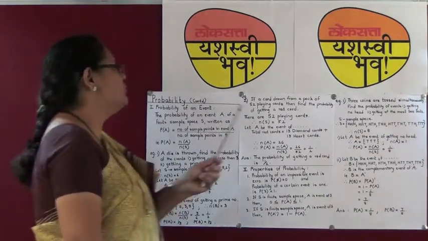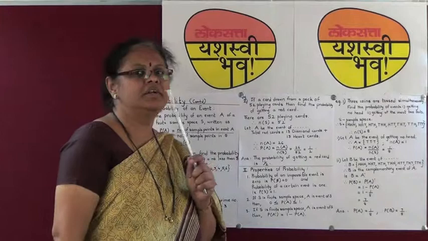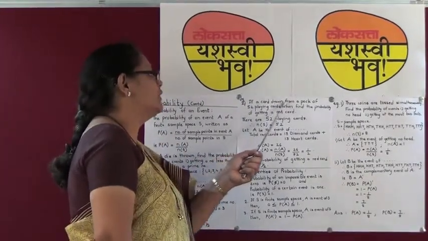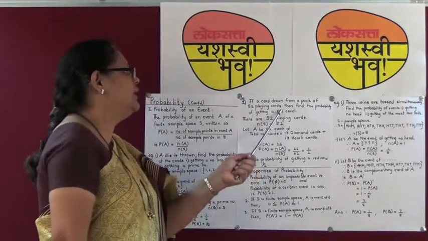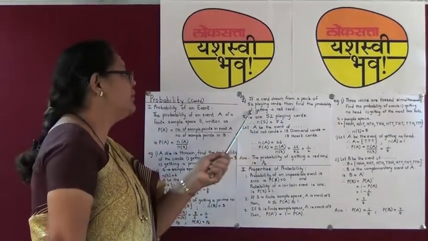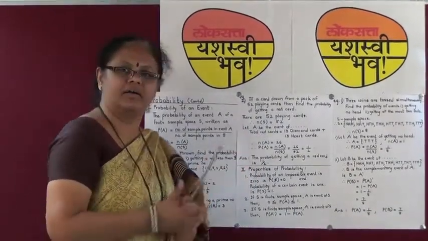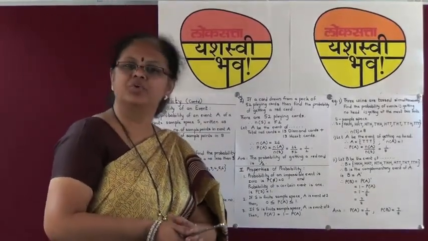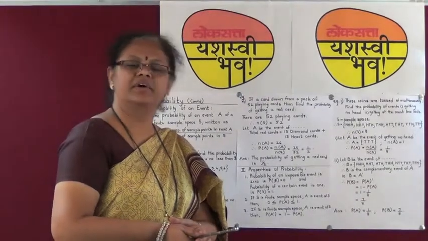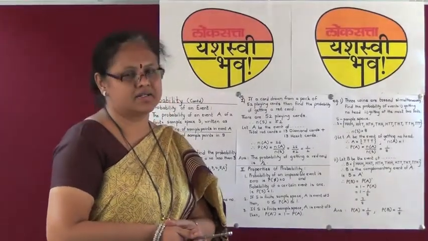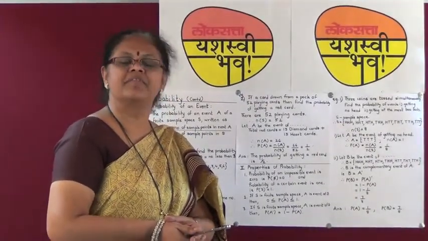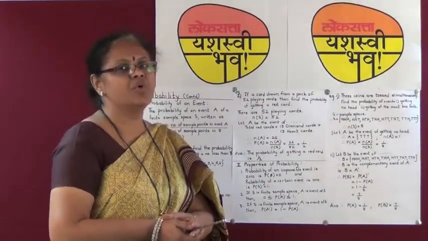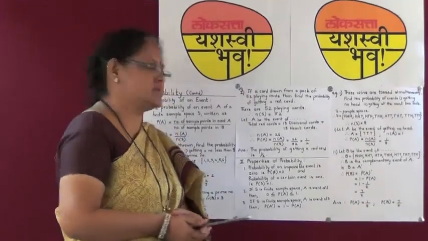We are going to take one more example, a little different type. Let us see the example. If a card is drawn from a pack of 52 playing cards, then find the probability of getting a red card. Now children, in a pack of playing cards, we have two types of colored cards, the red cards and the black cards. So it is our first duty to write down how many red cards are there, and those would become our sample points.